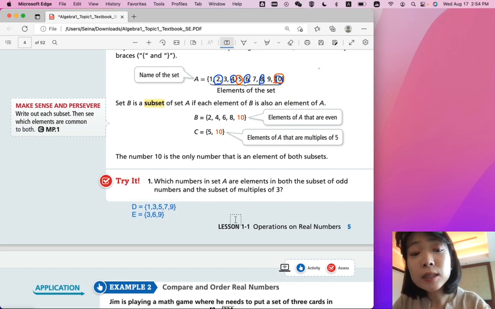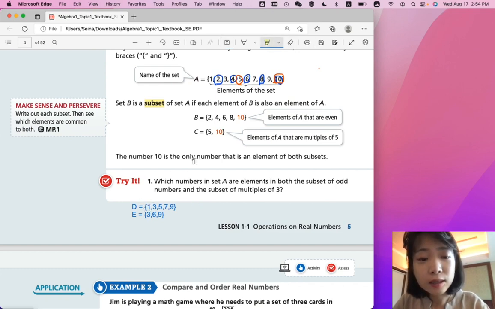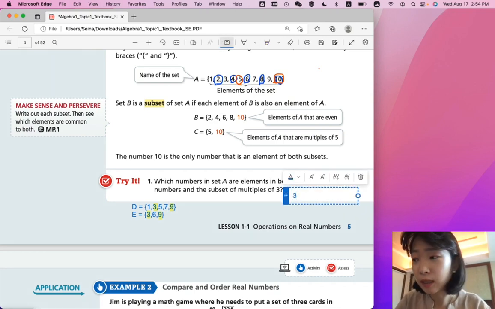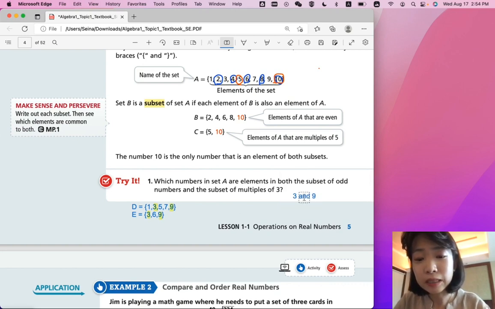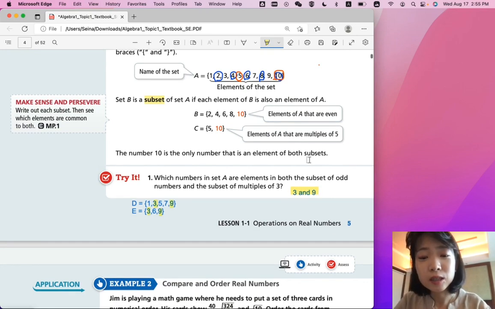What are the numbers that are included in both the subsets D and E? You can see that 3 is in both D and E. 9 is also in both subsets. So in this case, you have 2 answers, and that's okay. 3 and 9 would be your answer. So check your answer. If you got it correct, good job.